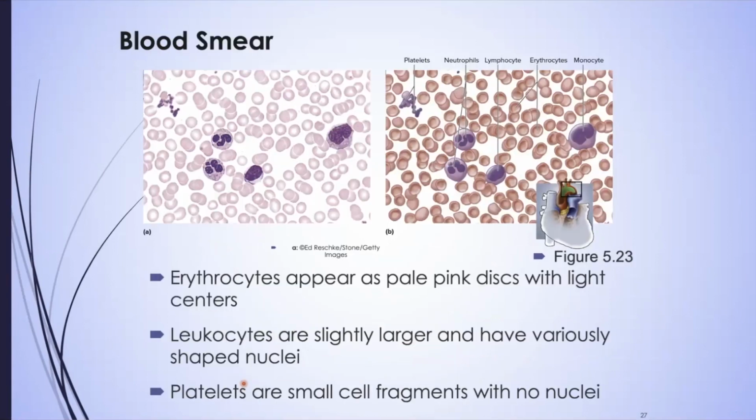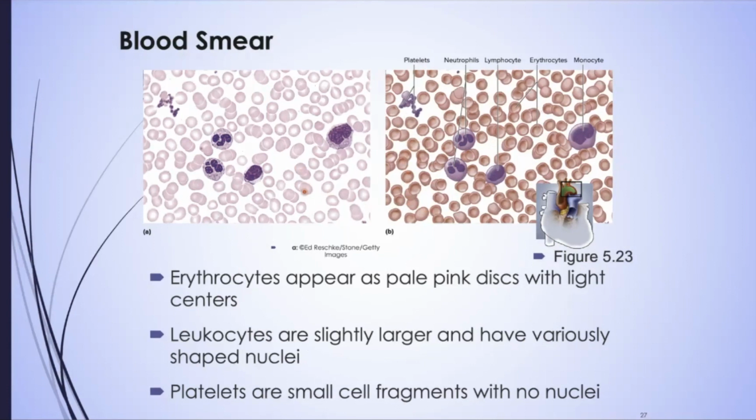So looking at this blood smear, you're going to see erythrocytes appearing as pale pink discs with light centers. And your leukocytes are going to be slightly larger, having different shaped nuclei. So you can see that here. Look at those leukocytes. To me, they didn't really draw it pale pink, they drew it bright red.